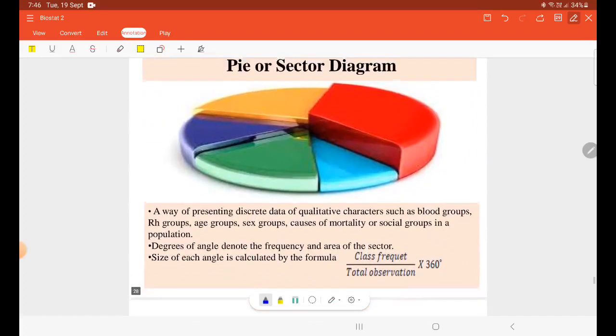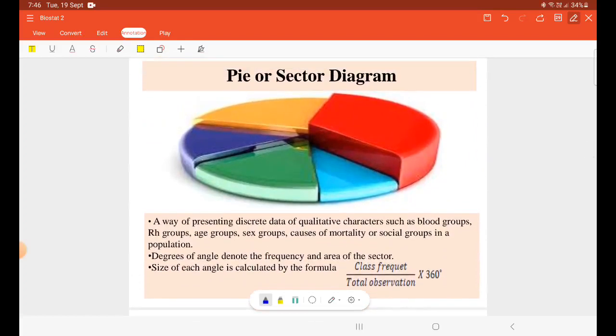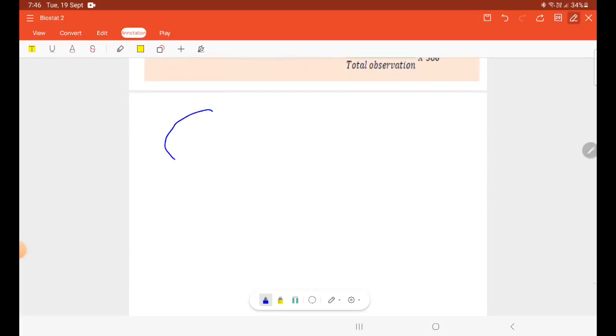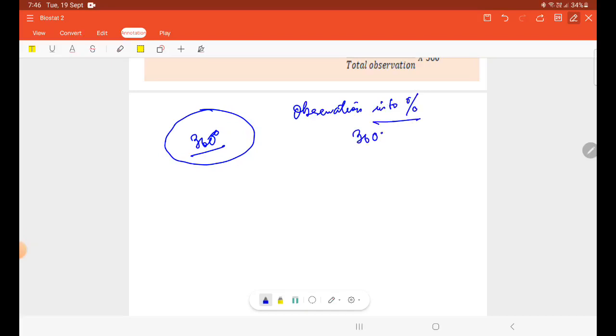Next is pie chart or scattered sector diagram. So it is nothing but a universe is considered as 360-degree roundup. So we convert the observation into percentage, and that much percentage of the 360-degree angle is chosen.